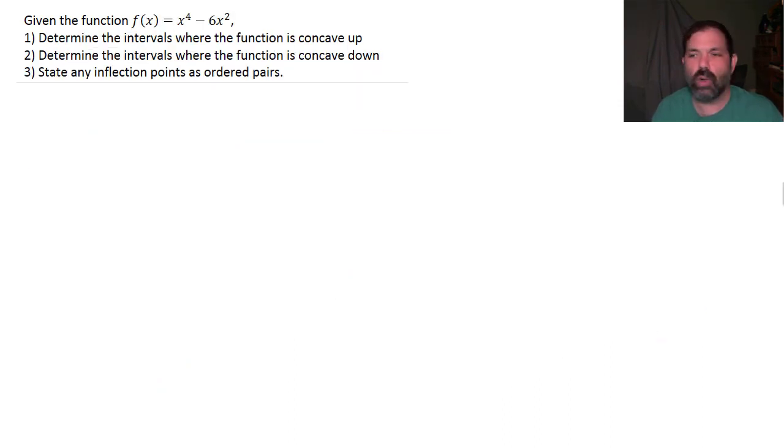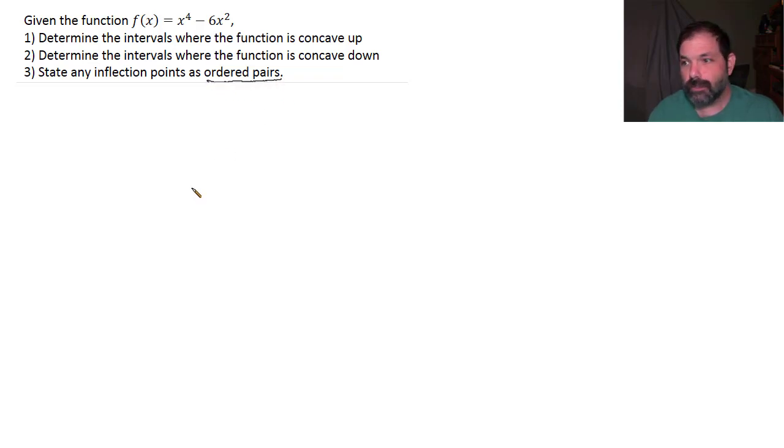We'll start with an easy one, a nice polynomial function. We're given the function x to the 4th minus 6x squared. We are asked to determine intervals where the function is concave up, where the function is concave down, and any inflection points as ordered pairs.